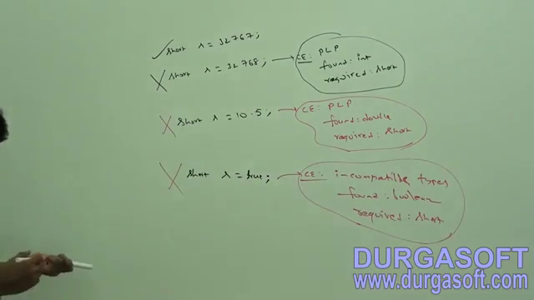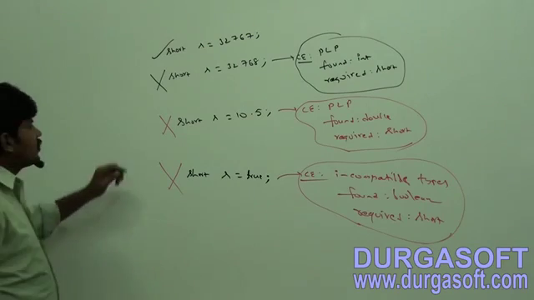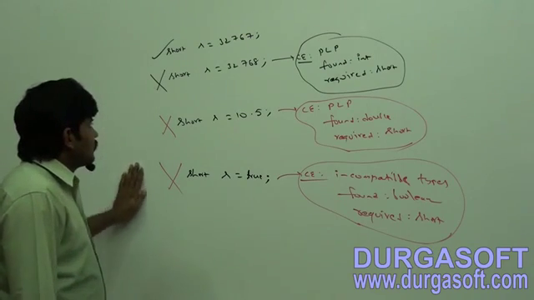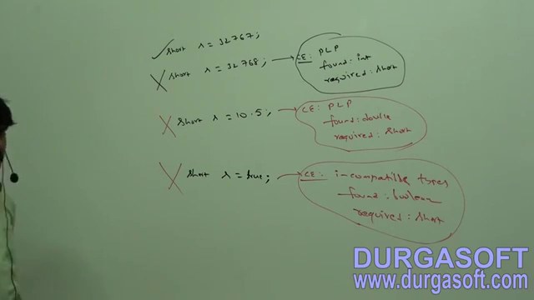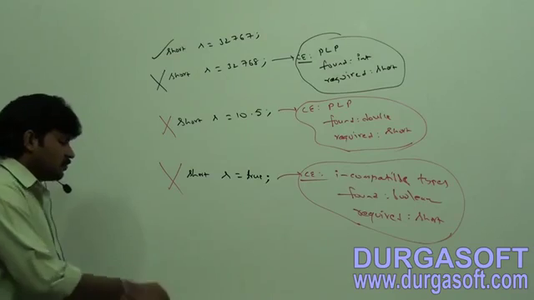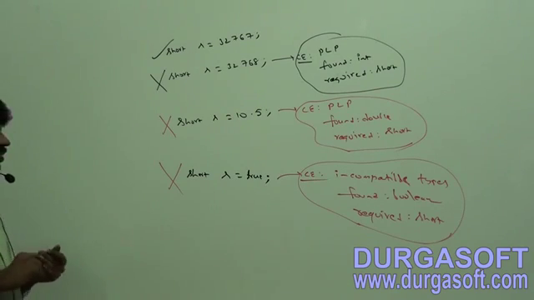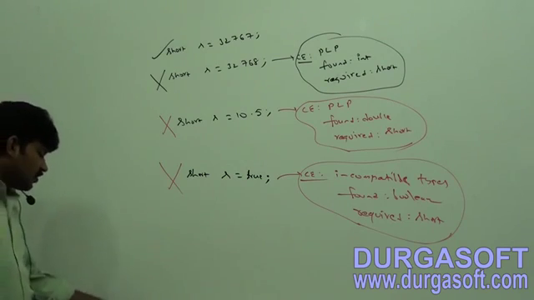Again, take these examples. Short s is equal to 32,767. 32,768: compile-time error saying possible loss of precision, found int, required short. Next, short s is equal to 10.5: possible loss of precision, found double but required short.